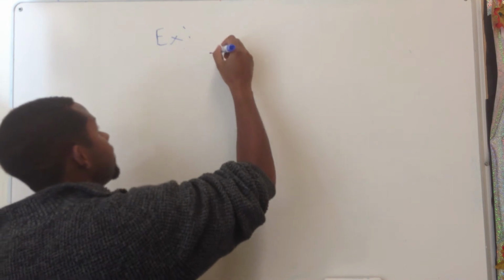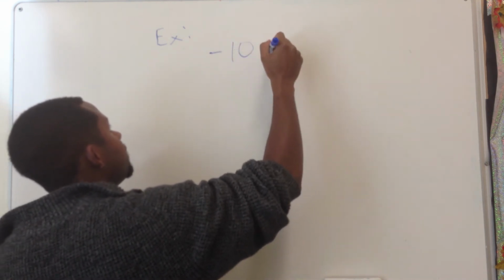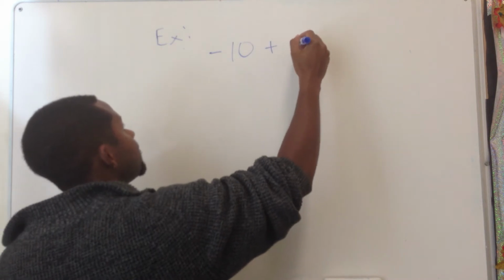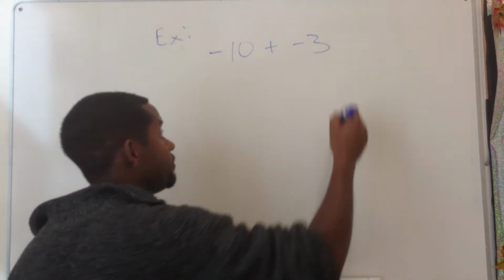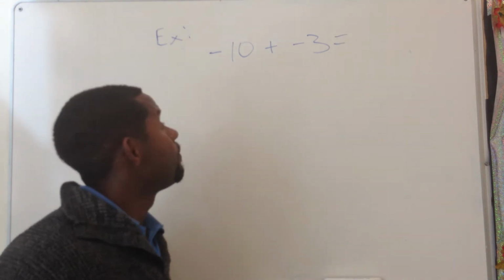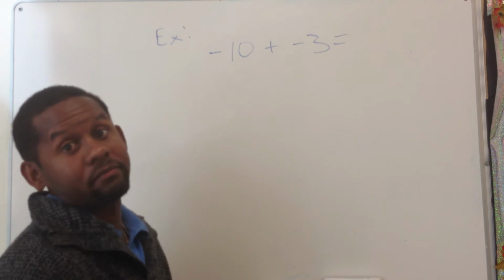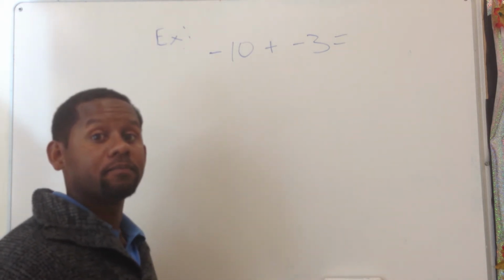So let's do this next one. Negative 10 plus a negative 3. What do you have? Do you have anything? Do you owe money? What is it? You come up with your answer right now.